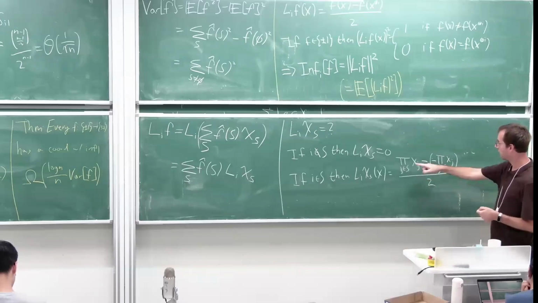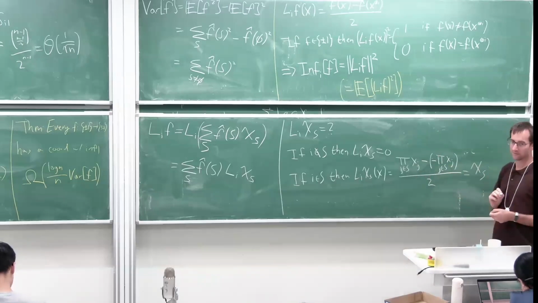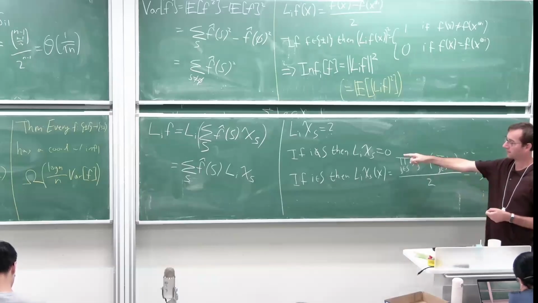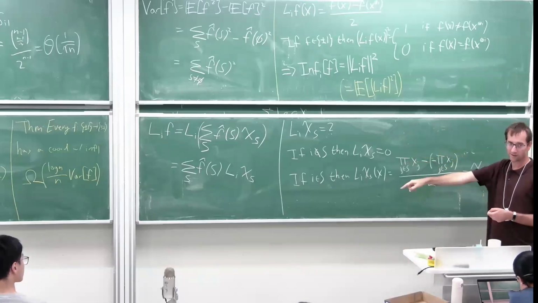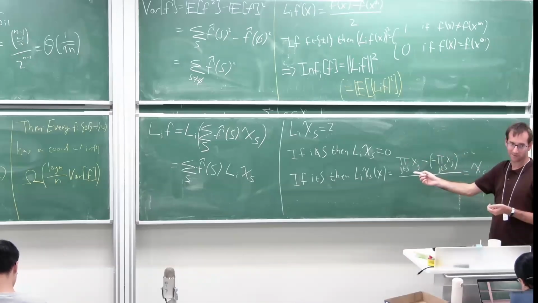So this is twice this thing over 2. This is just chi_S. So if i is not in S, then this operator kills the character, and otherwise it doesn't change it.